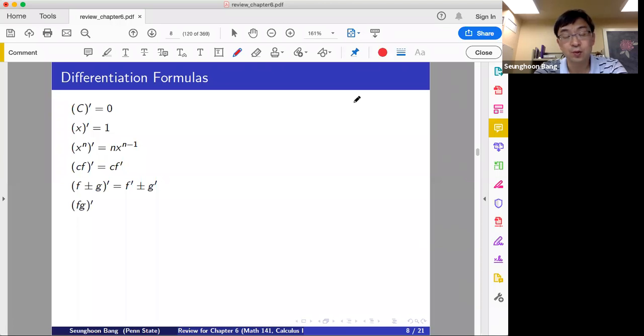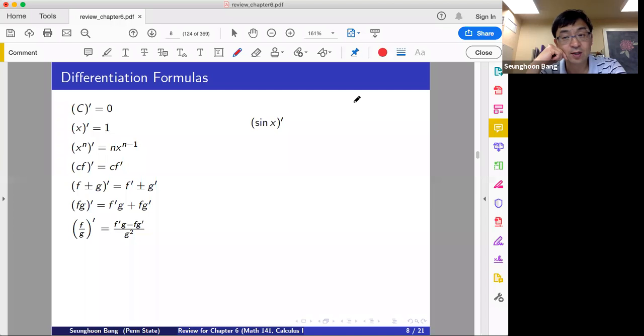The product rule: f times g prime is the first function prime times the second one, plus the first one times the second one prime. For f over g prime, you can use the quotient rule: the top one prime times the bottom one, minus the top one times the bottom one prime, over the bottom one squared.